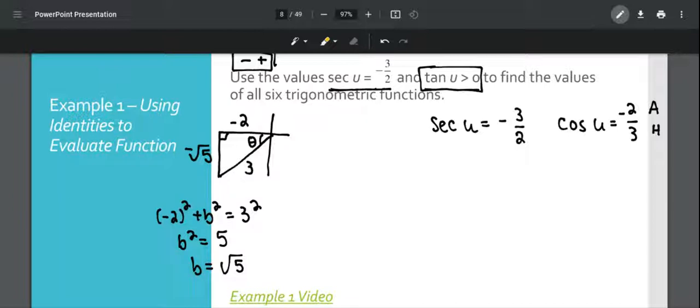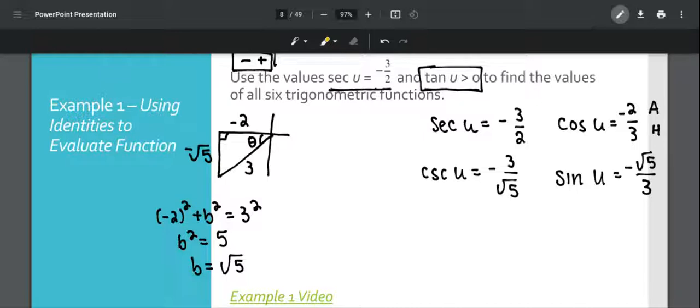And then once you have the triangle with your 3 sides, then you can write your other ratios. So we know then that the sine is opposite, which is negative root 5, over hypotenuse, which means then that the cosecant is the hypotenuse over the opposite.